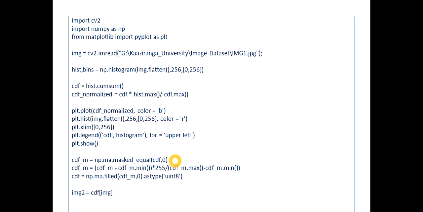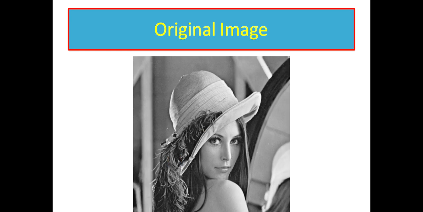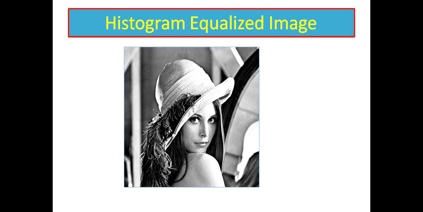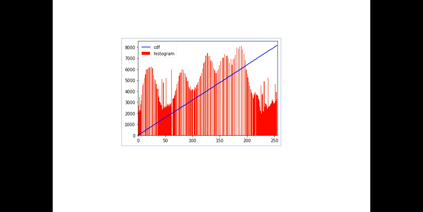Now I'm going to show you the result. This is the original image, and this is the histogram of the original image. After that, this is the histogram equalized image, and this is the histogram of the equalized image. You will see the difference.